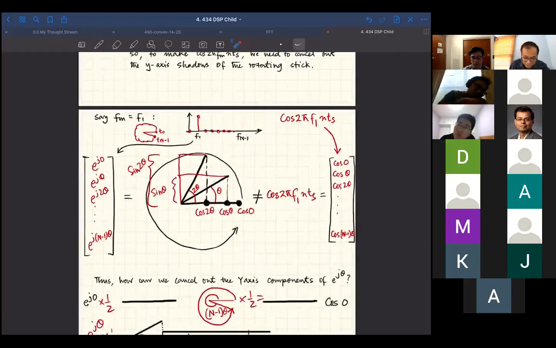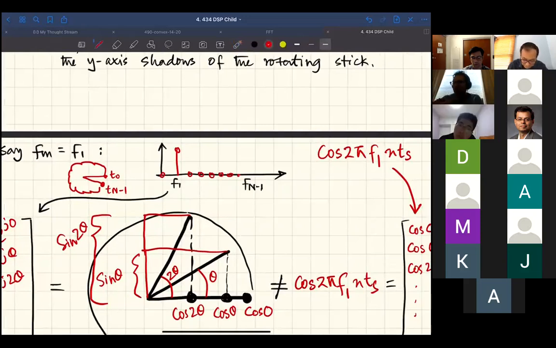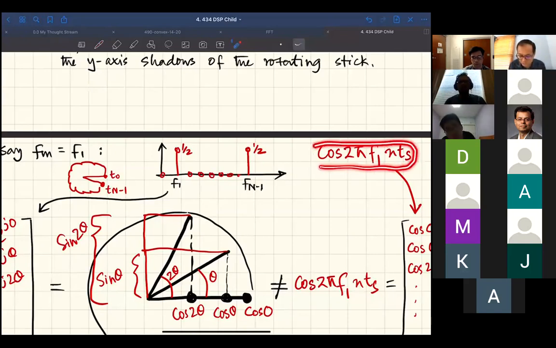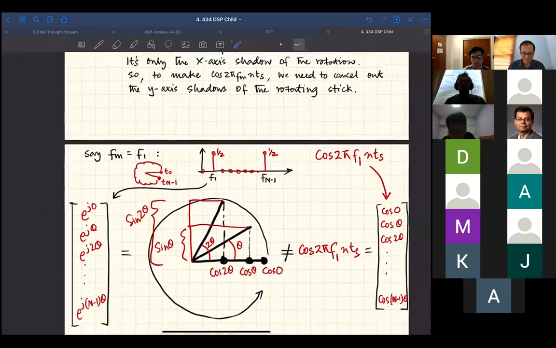That is why you need to add Fn-1, and both of these magnitudes are half. That means when you add this rotation at F1 and along with it you add the rotation of Fn-1, these two together cancel out the y-axis shadow, and what you're left with is cos 2 pi F1 nTs.